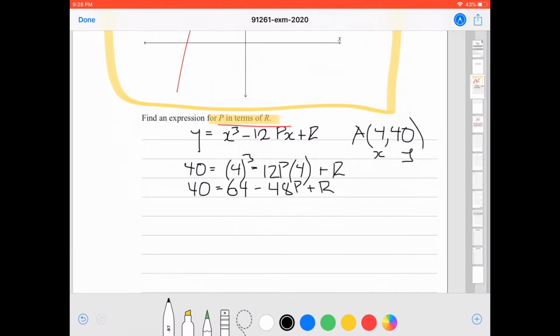We now need to rearrange to make p the subject. Okay, and so we can say, let's bring 48p to the left-hand side, making it positive. So we've got 48p. 64 minus 40 is 24, and plus r.